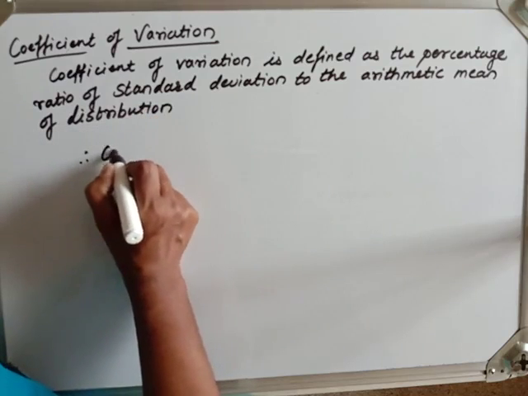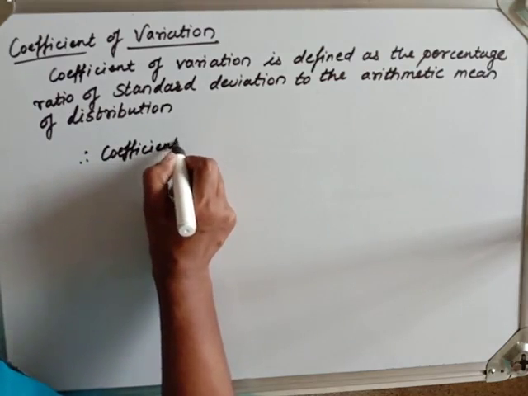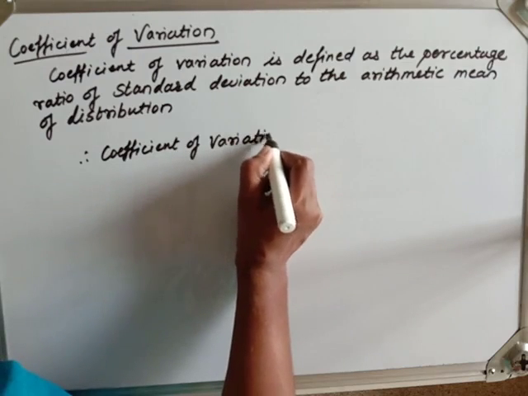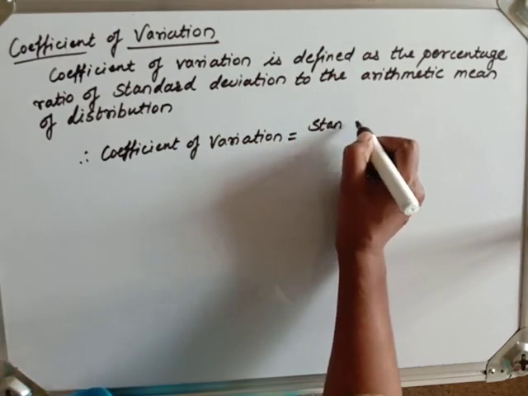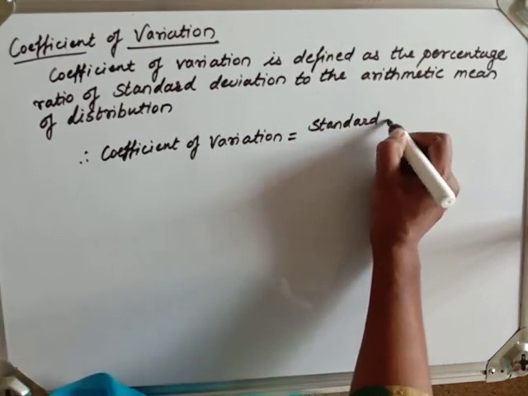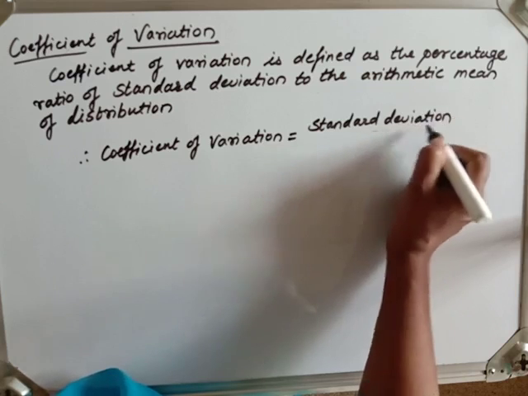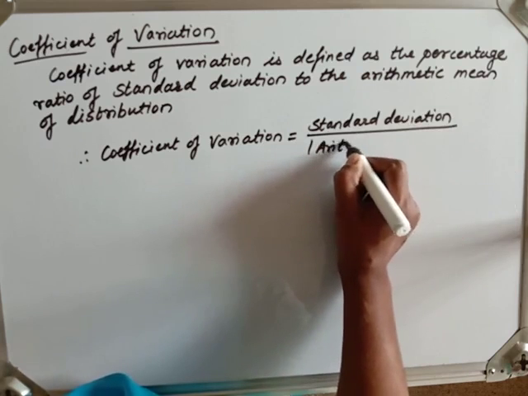Therefore, coefficient of variation is equal to standard deviation upon modulus of arithmetic mean.